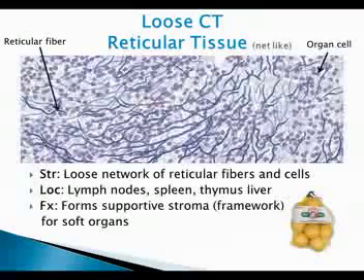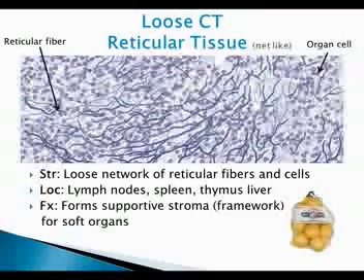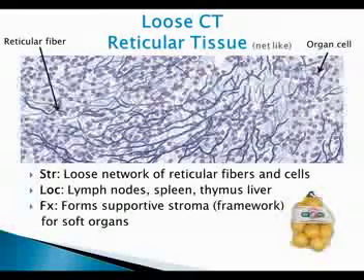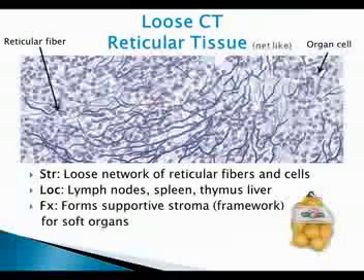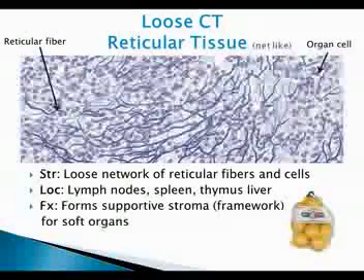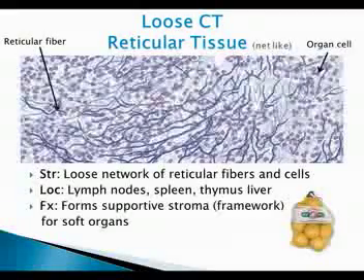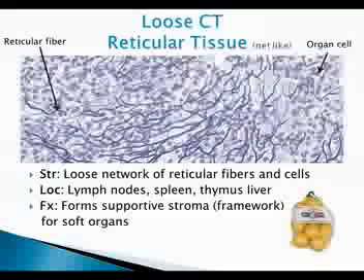It's a similar concept with reticular tissue in the sense that stuff can be filtered in and out of it, and that's where you see it. You see it with organs that filter things, like the liver, the spleen, and lymph nodes. Things are getting secreted and filtered through, so it's nice to have a supportive framework that allows for that.